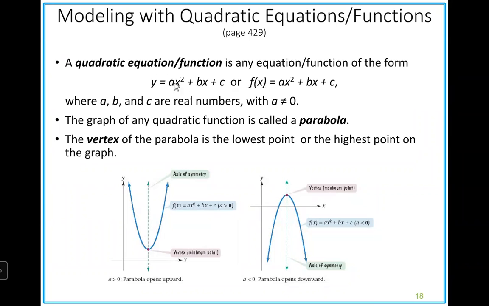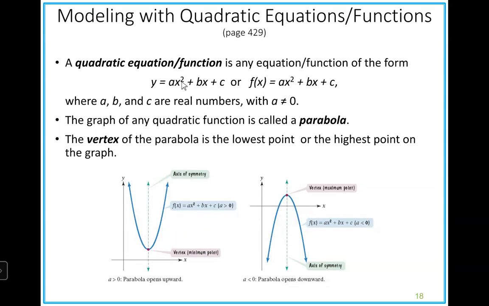When we're talking about an equation, it's written y equals, and this format is the same for both of these, just a difference in the terminology at the beginning. Okay, a, b, and c are real numbers, and a cannot be 0, and the power for x is 2. The highest power for x is 2.